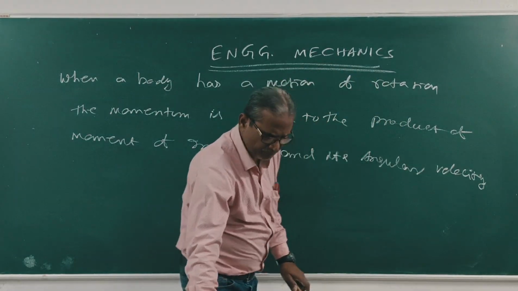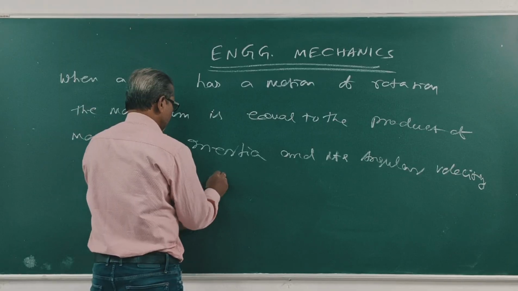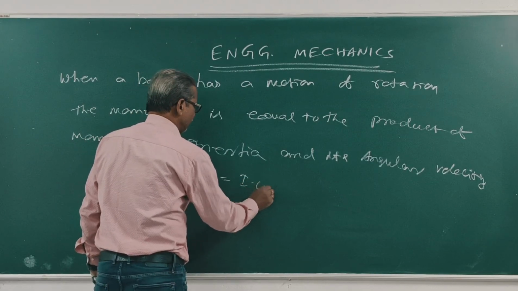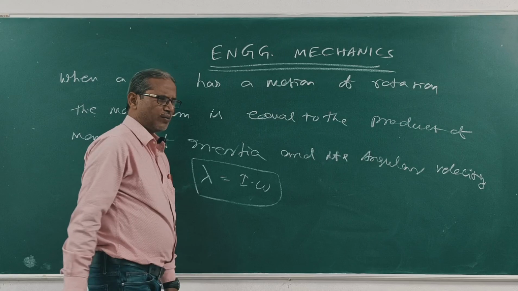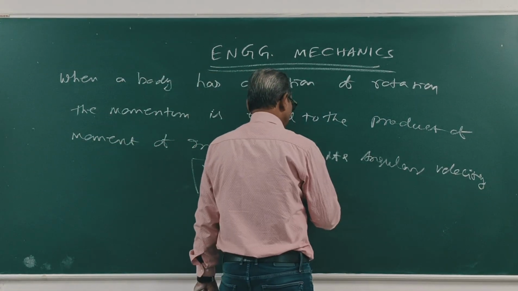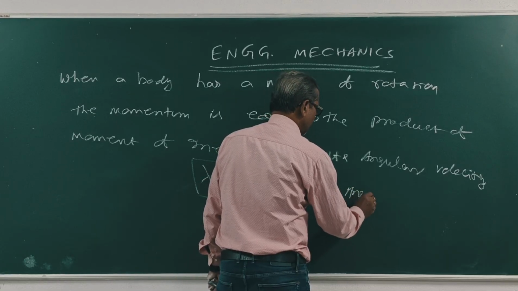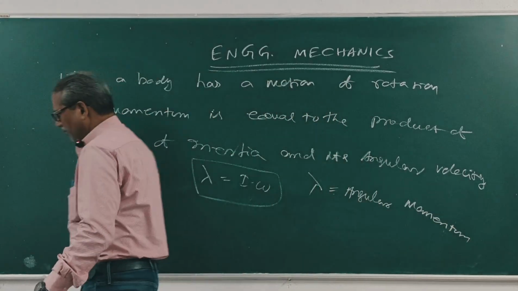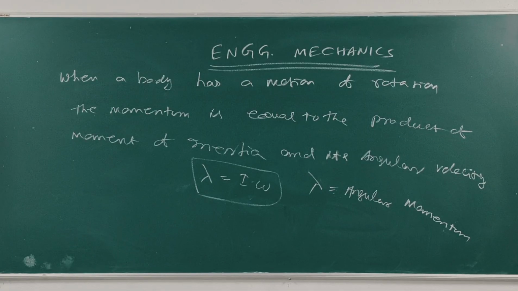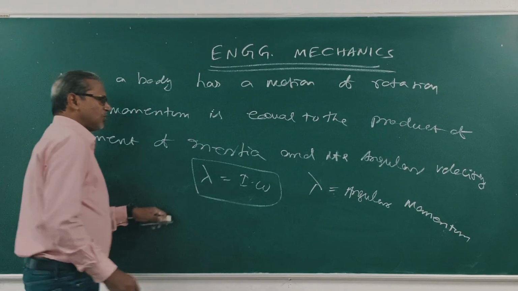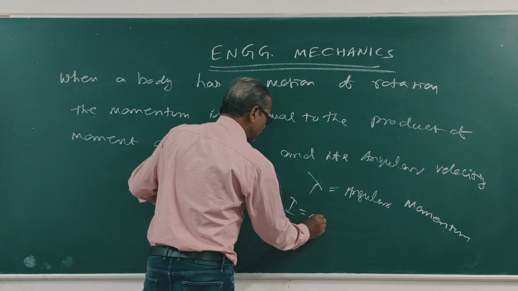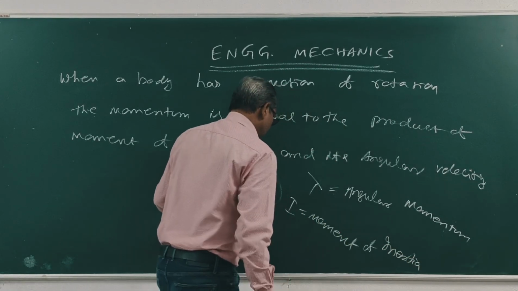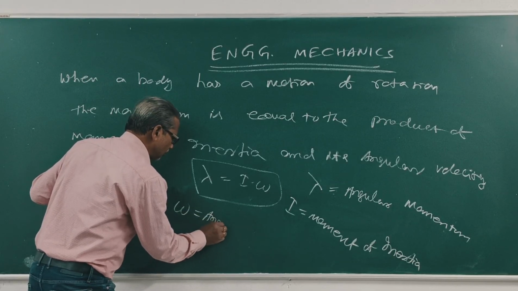Clear? That is, lambda is equal to I into omega, where lambda is equal to angular momentum, I is equal to moment of inertia, and omega is equal to angular velocity.